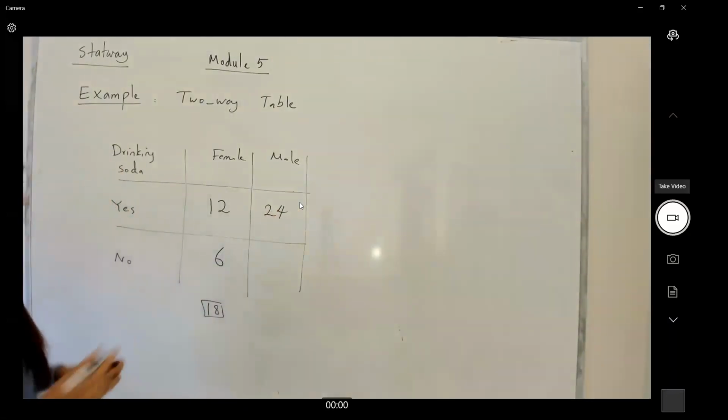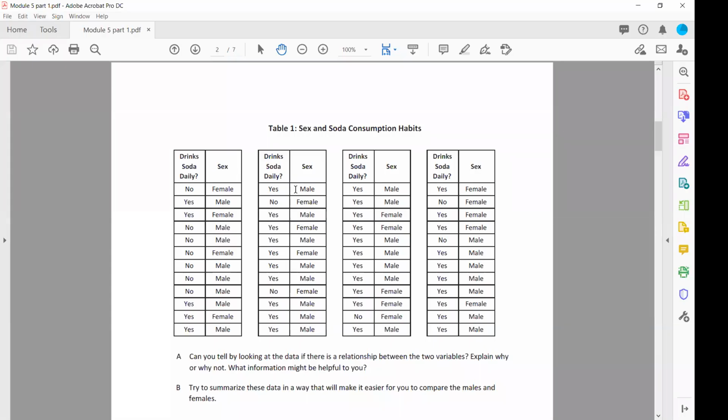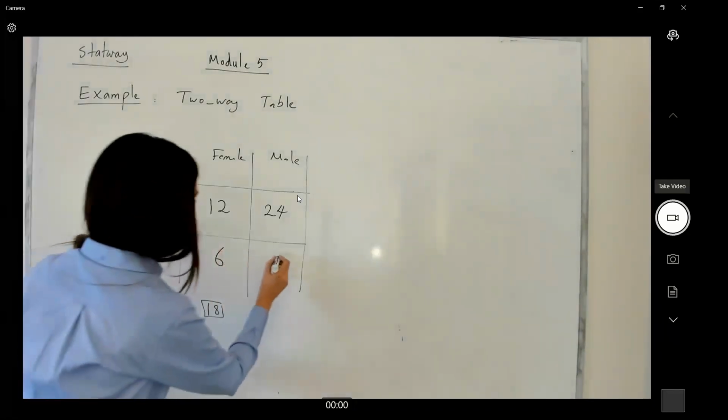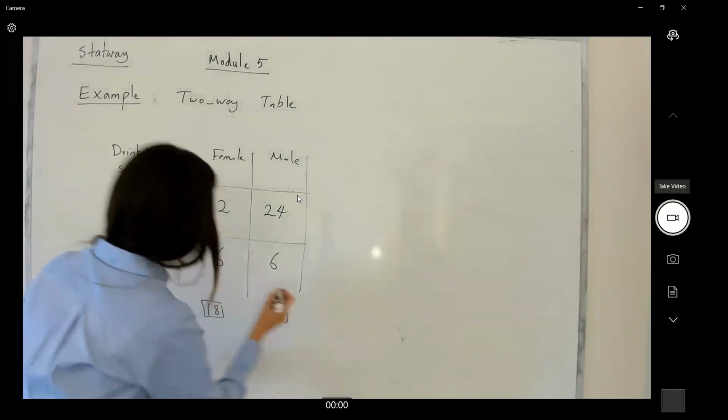And how many don't drink soda on a daily basis? Let's take a look at our table. 1, 2, 3, 4, 5, 6, just 6. So 30 males in our collection.